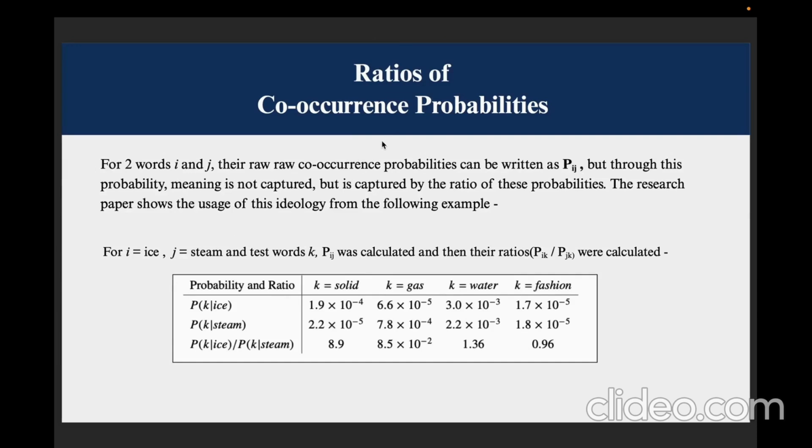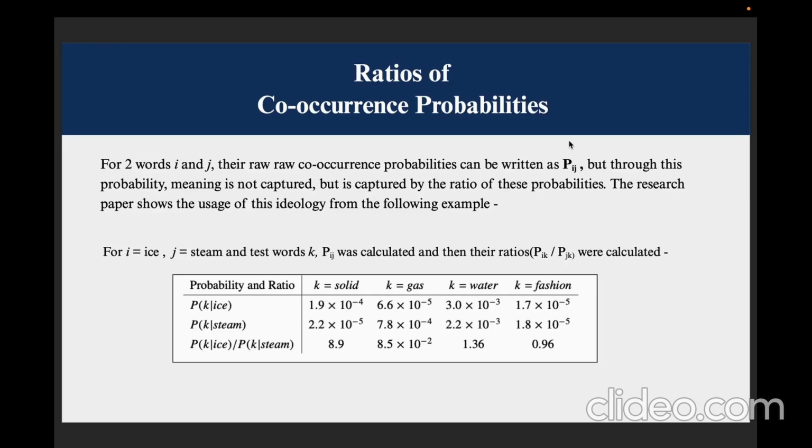Moving on to the base mathematical approach, it was ratios of co-occurrence probabilities. Let's say we have two words i and j. For looking at the relationship between these two words, we used one probability, which was conditional probability, written as P_ij, which shows if I have the word i, what is the probability that j will come after that, and the same goes for j given i.